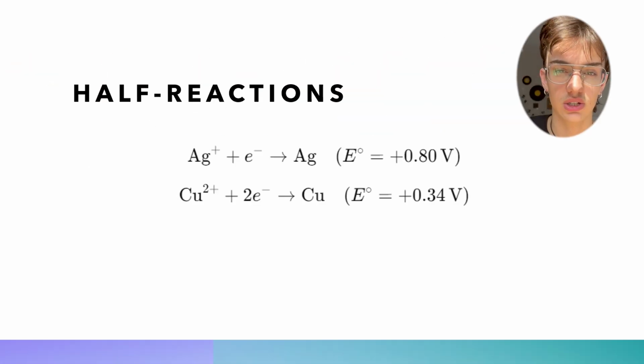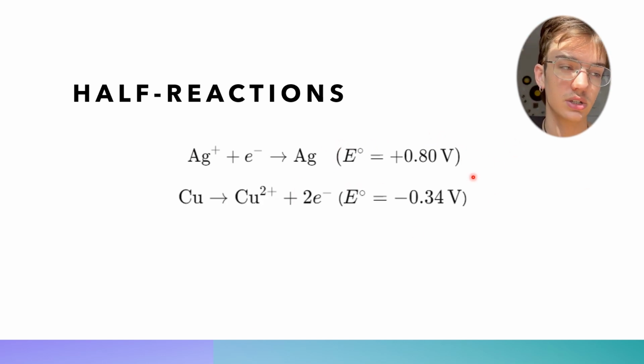So these half reactions that we looked at previously are just a really good way to understand what's going on in a full reaction. Both of these reactions are reduction reactions, with a reduction potential associated with each. The higher the reduction potential, once again, is indicative that it's more likely to reduce. So in this case, we're going to flip the bottom reaction because this reaction is less likely to occur as a reduction reaction.